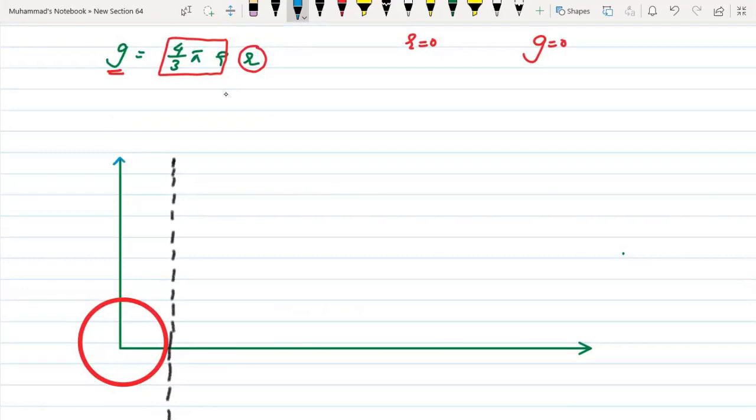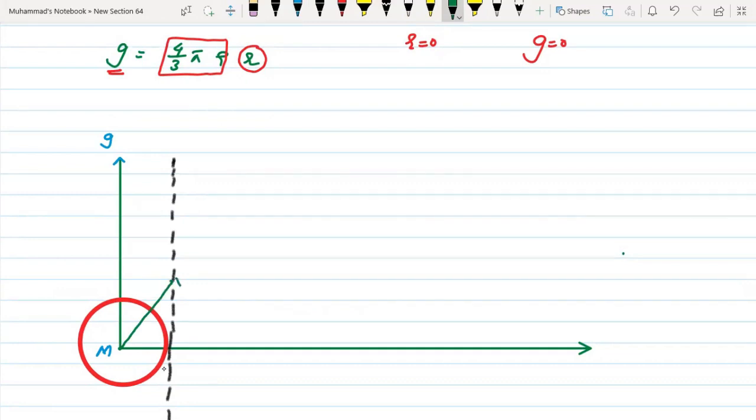So let's say this is G and this is mass of Earth. This is Earth, and this is the surface of Earth. Till the surface of Earth, the gravitational field strength will increase.